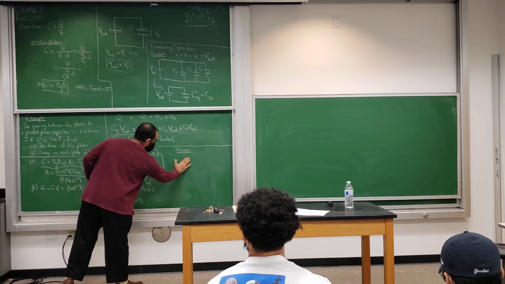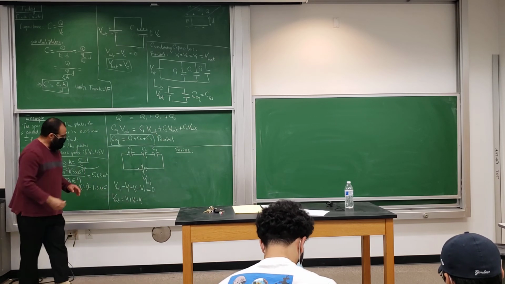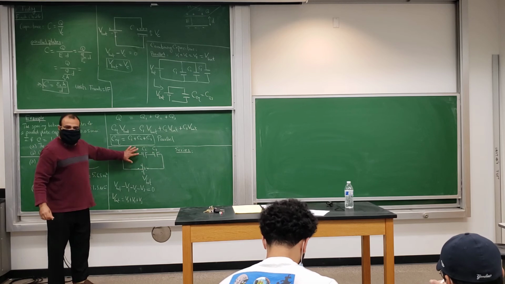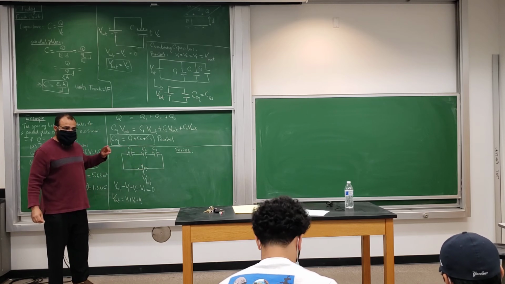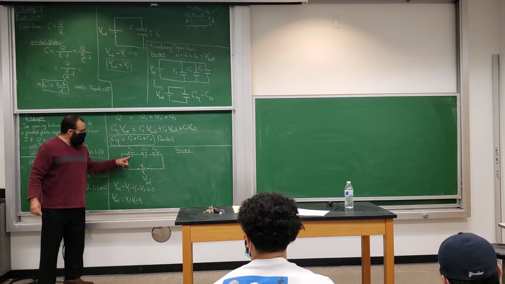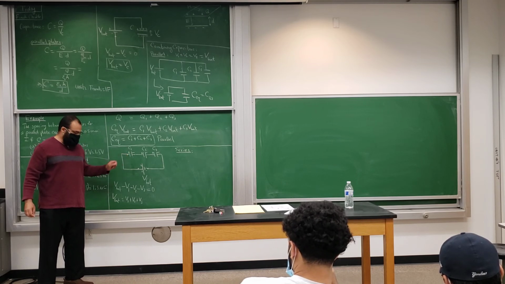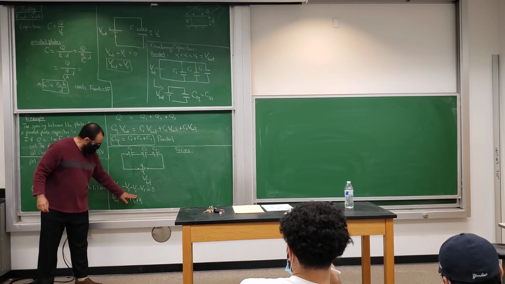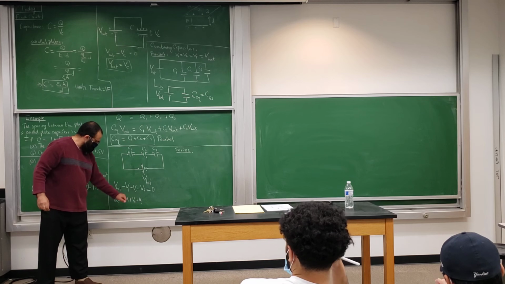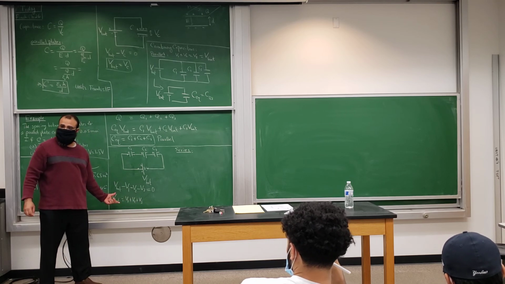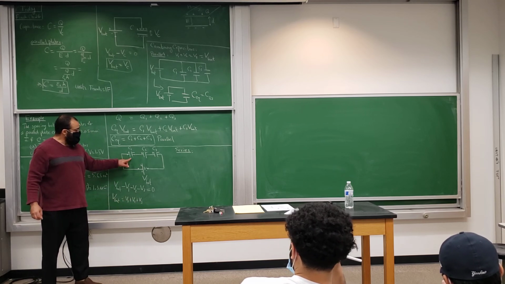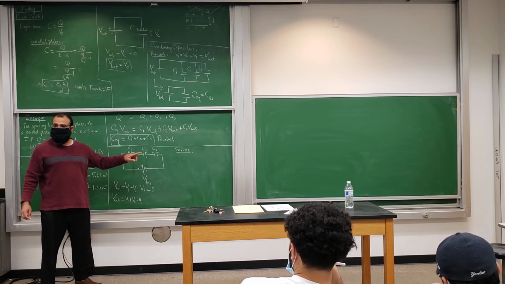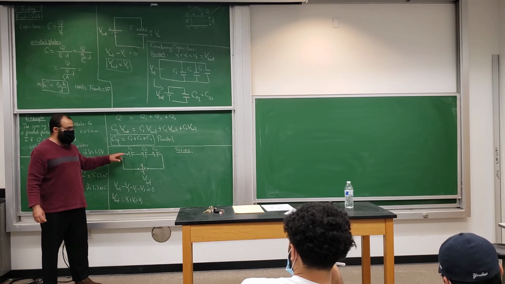Let's erase this. Now, I want to replace all these capacitors by just one capacitor. So, what is special about them in series? The total voltage across them will equal the voltage of the battery, right? Now, the charge on each capacitor will be the same. Because remember how we charge them.